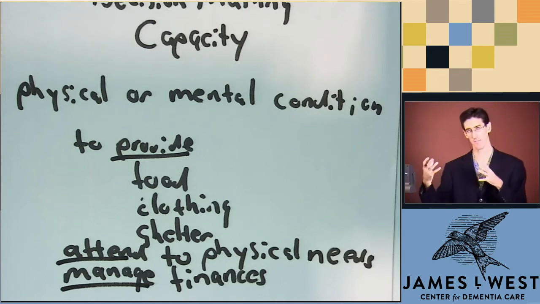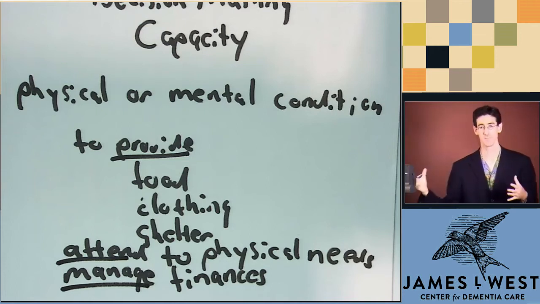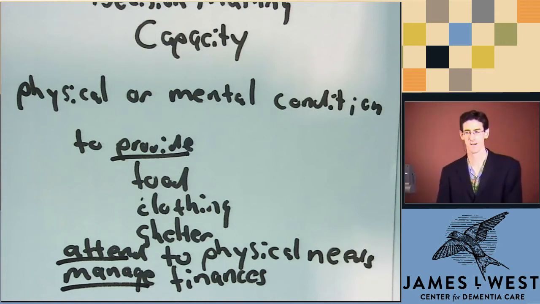And so in my setting as a geriatric psychiatrist, I'm trying to decide, are they not attending to their needs because of a mental condition? And in almost every case, it's because of a dementia or a mood disorder. Sometimes I'll get cases where the person might have schizophrenia.